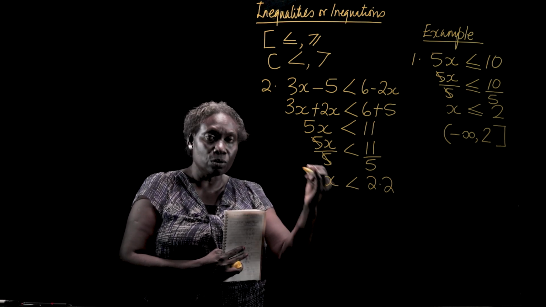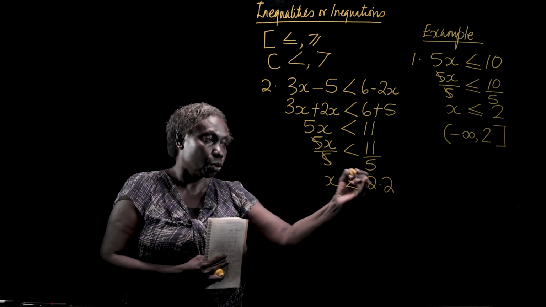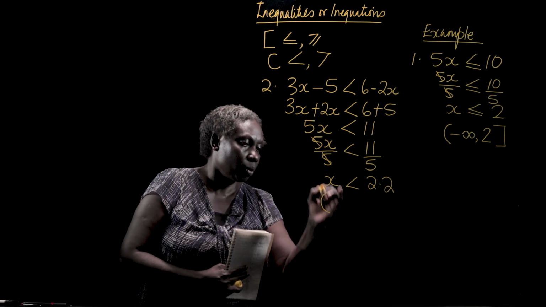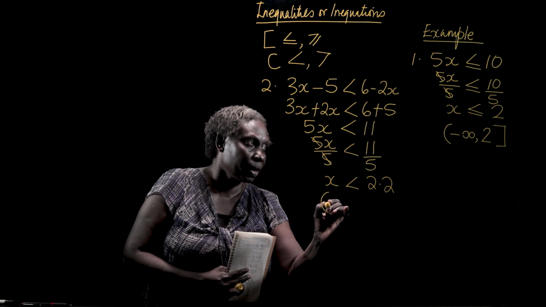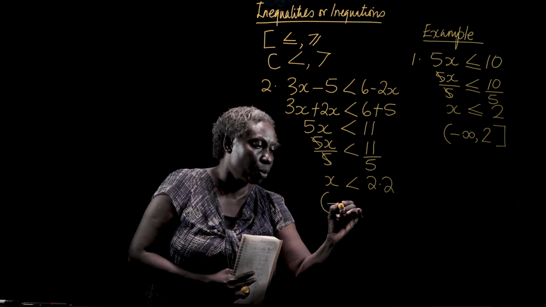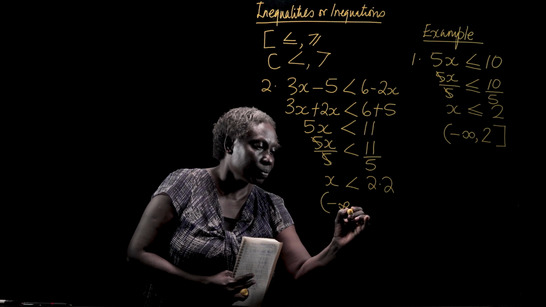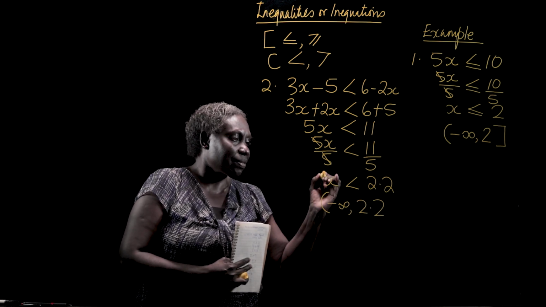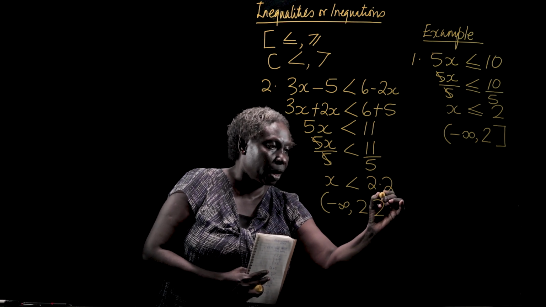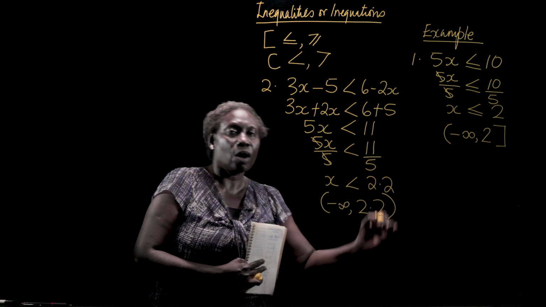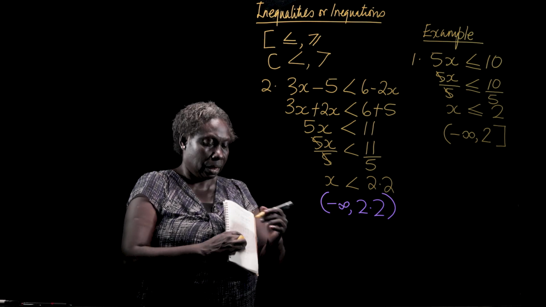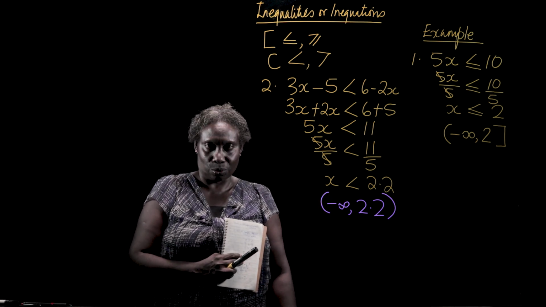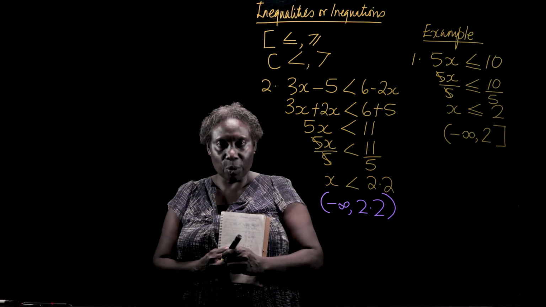So that is all values less than 2.2. 2.2 is not included. We are going to put a round bracket on this side with a negative infinity symbol and 2.2 here. But since 2.2 is not included, we are going to close this with a round bracket. Okay, let's look at one more example.